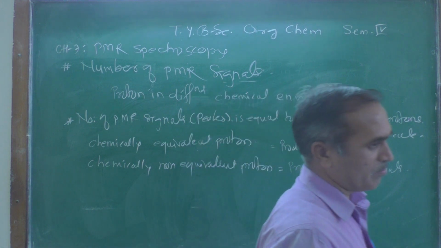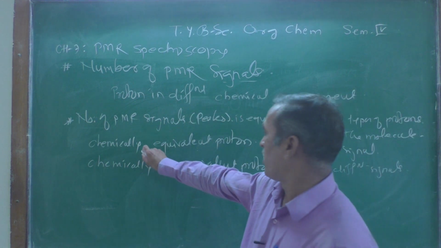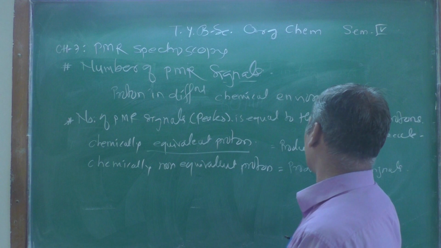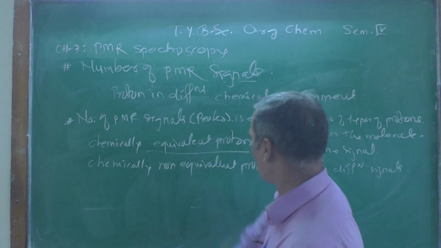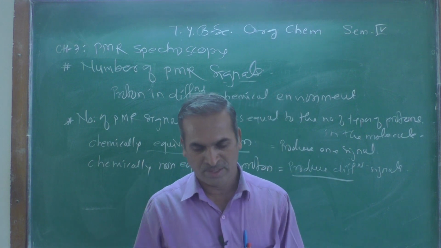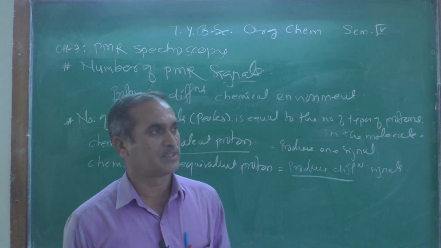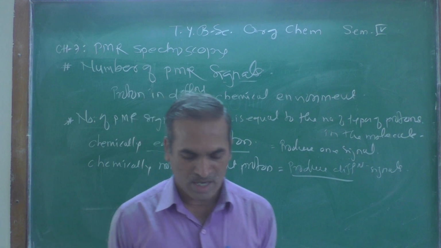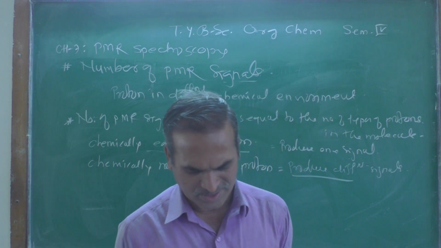If they are chemically equivalent protons, they produce only one signal; chemically non-equivalent protons produce different signals. These points are very, very important as far as NMR spectroscopy is concerned.